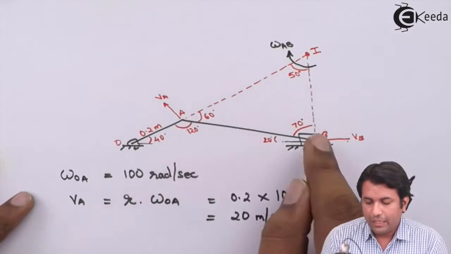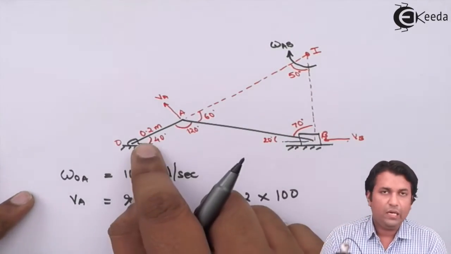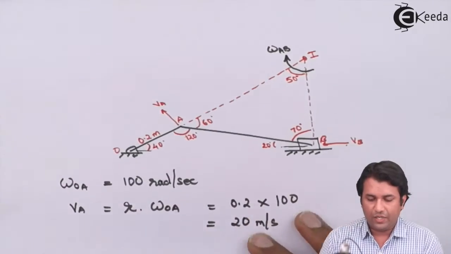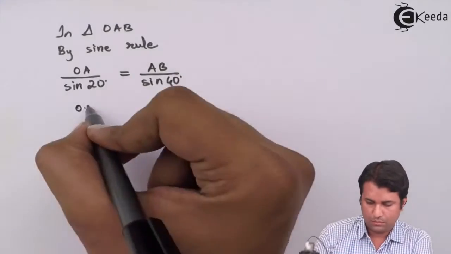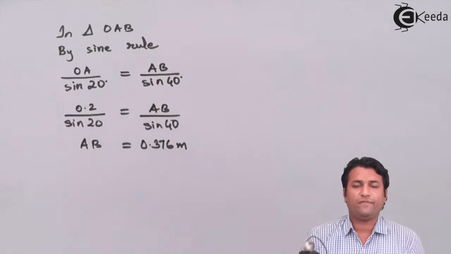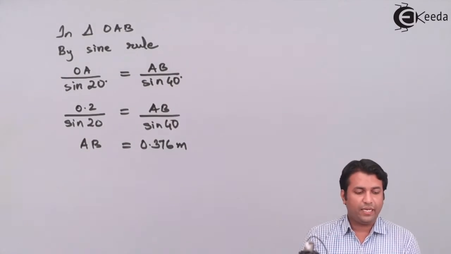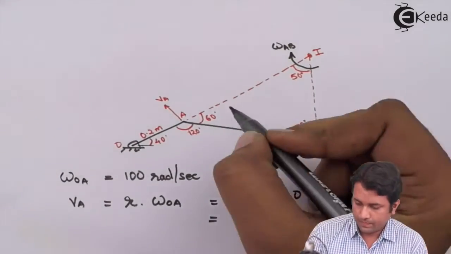I need to find out this length AB, whose opposite angle happens to be 40 degrees. So I'll write that relation over here. This is how I've got the length of AB as 0.376 meters.